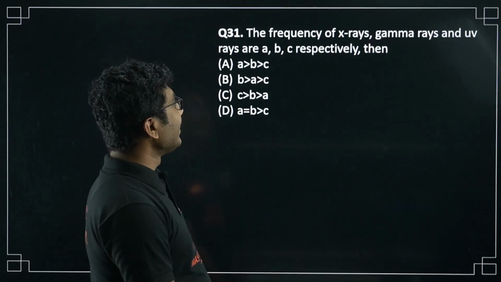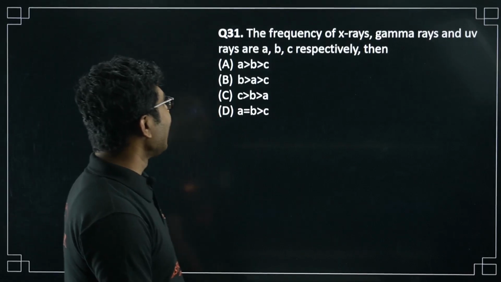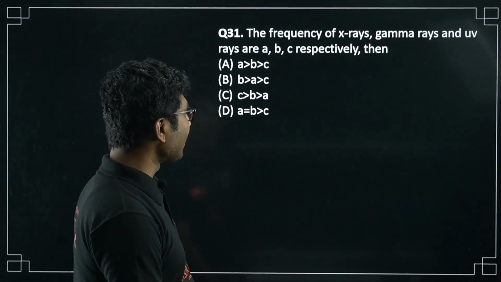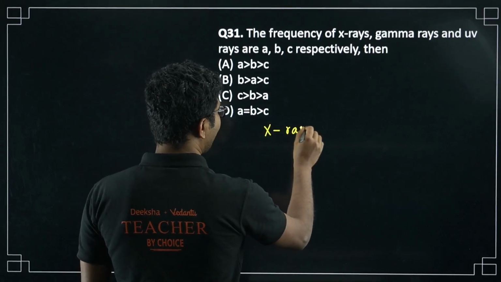So the frequency of X-rays, gamma rays and UV rays are A, B, C respectively. Let's write it down one by one.